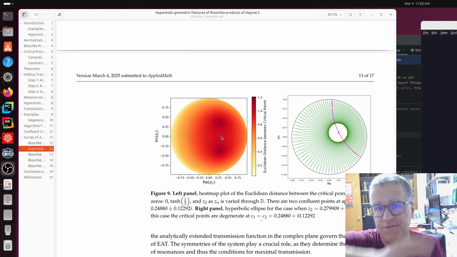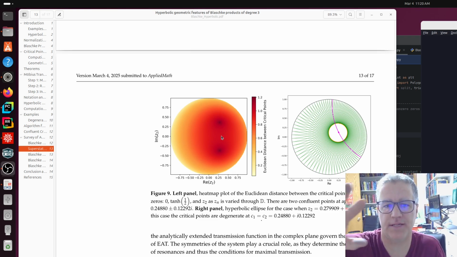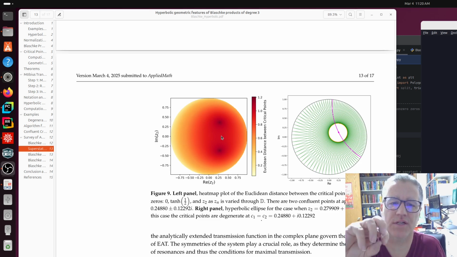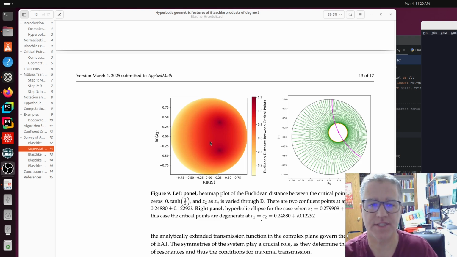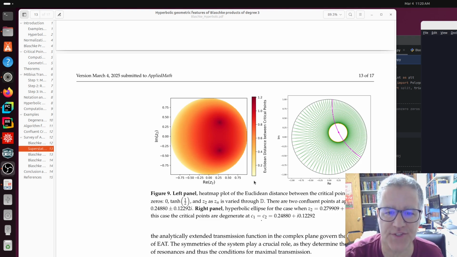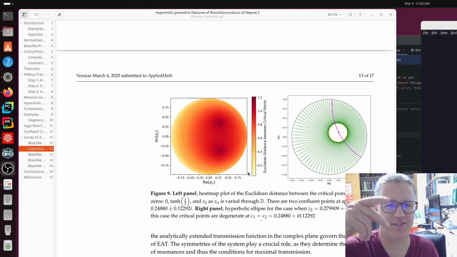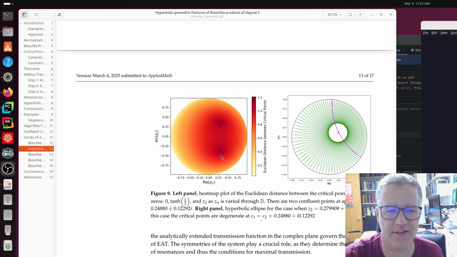And then the other is free to move throughout the whole plane, or the whole disk. So as we move that third zero around the whole disk, what we're looking at here is the Euclidean distance between the critical points. And again, this is opposite. So red is 0 and white is larger. My scale got flipped, which I have to correct here.